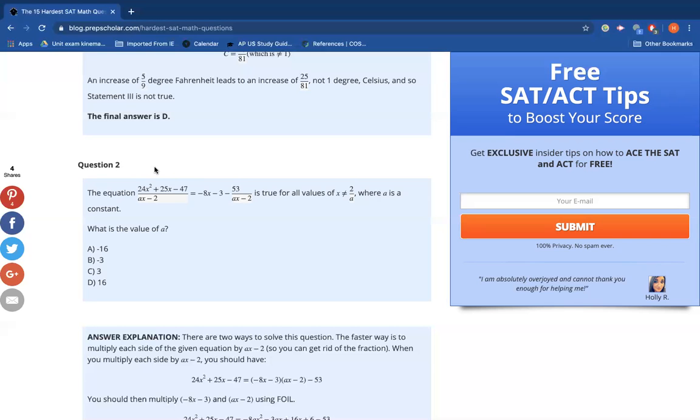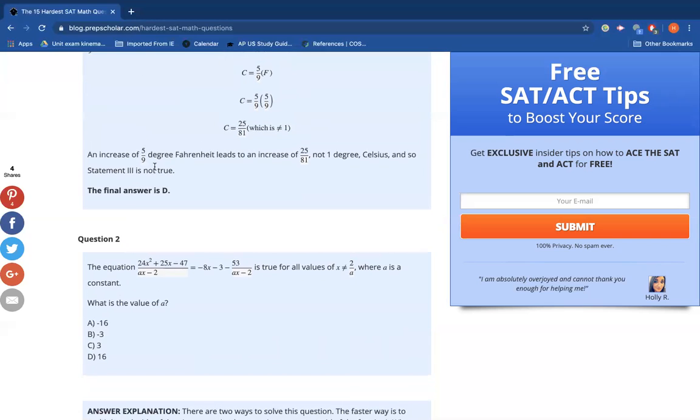So how about question 2? Minus 8x squared. 8ax squared.